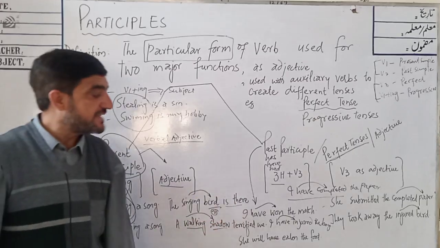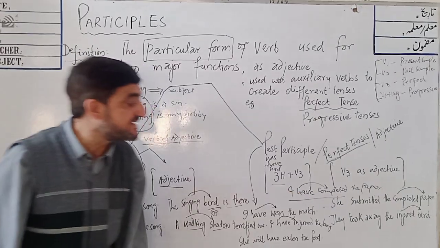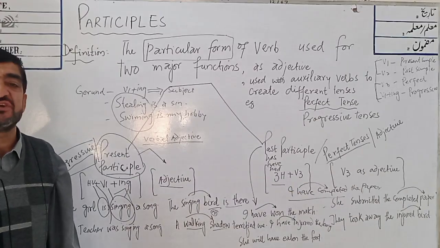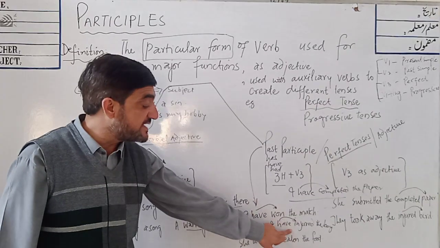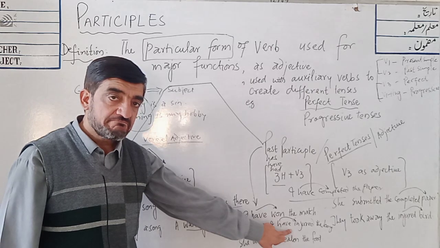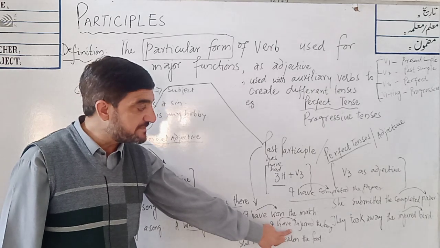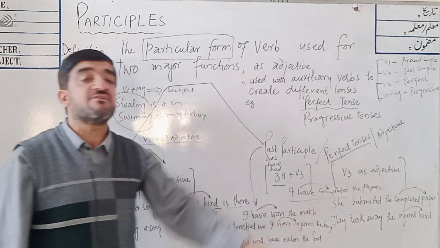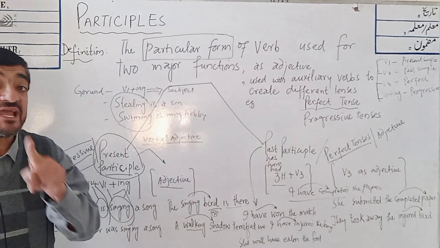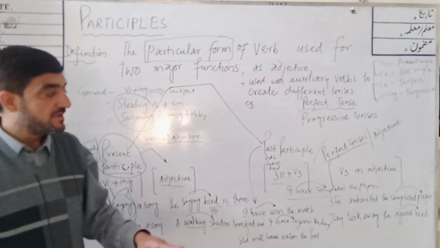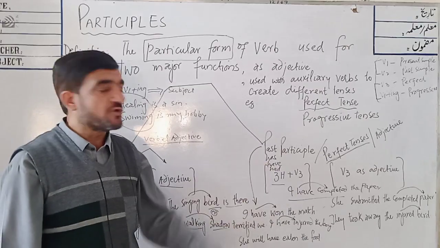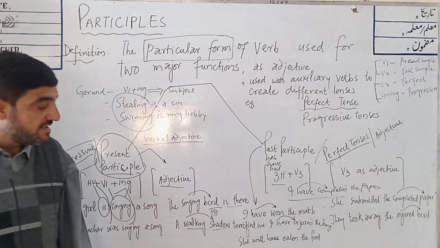So it is known as past participle, but in the sentence they took away the injured bird, when it is used with an auxiliary verb form, it is known as past participle. But when the same third form, remember the same third form of the verb, is used before a noun, then it is known as adjective.